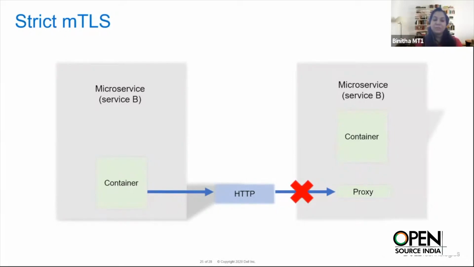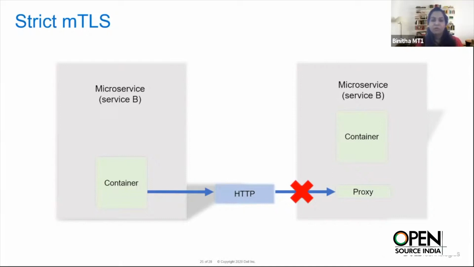Strict mTLS means that you have a service A and a service B with a container, but you don't have an Envoy proxy associated with service A. Then if the HTTP request is not validated or not encrypted, that request won't be granted.